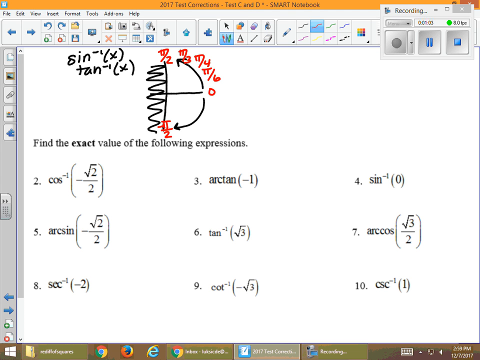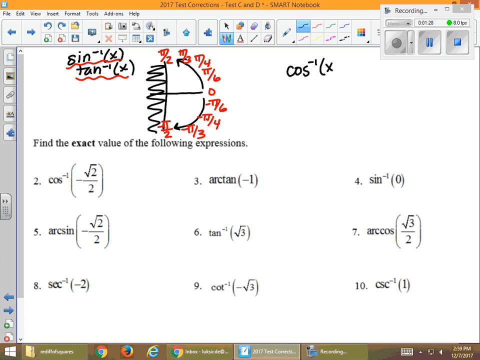So you're going 0 to negative pi over 2, and your possibilities are negative pi over 6, negative pi over 4, and negative pi over 3. So if you see arcsine, or sine to the negative 1, and arctangent, or tangent to the negative 1, the angles that I've drawn here are your only possibilities. Those are your only solutions.